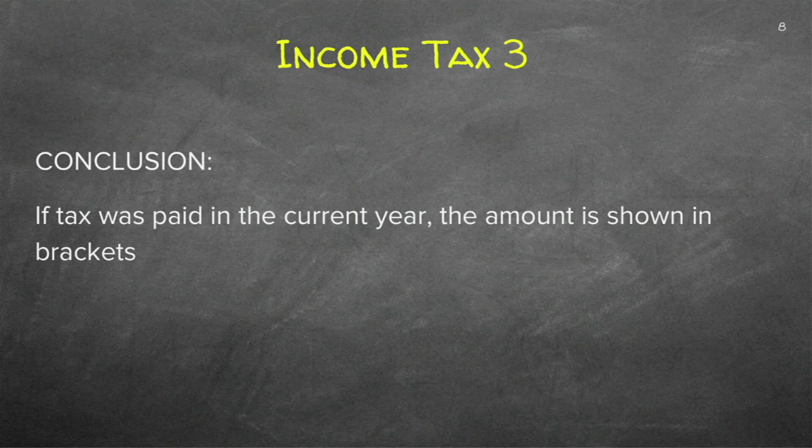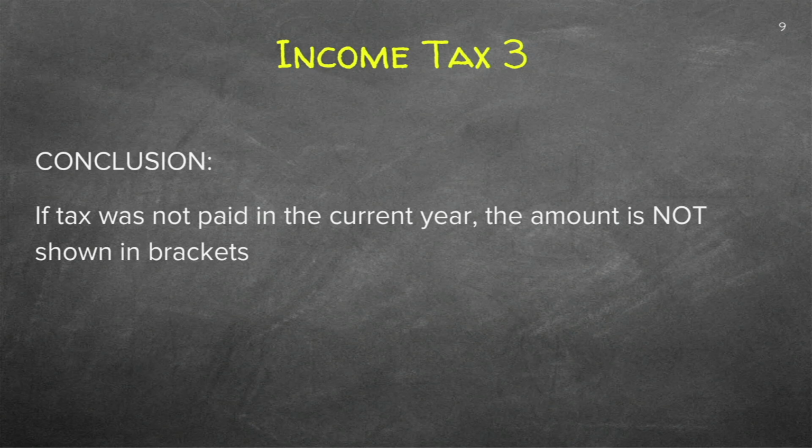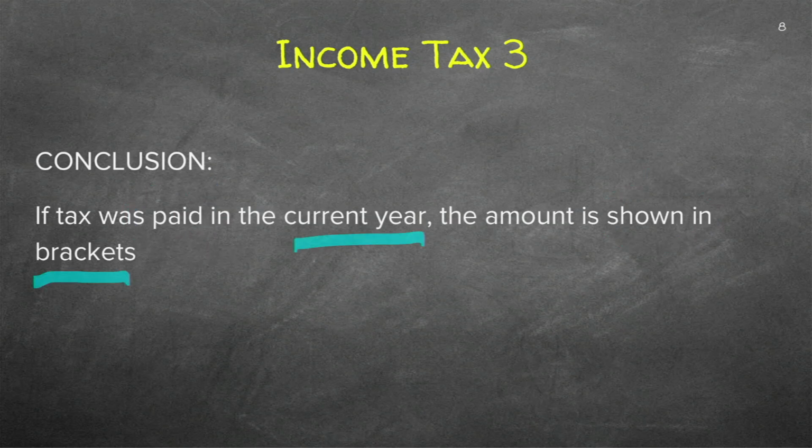Conclusion. If the tax was paid in the current year, the amount is shown in brackets because money is flowing out of the business. And if tax was not paid in the current year, the amount is not shown in brackets. Let's just go back to the previous slide and have a look.